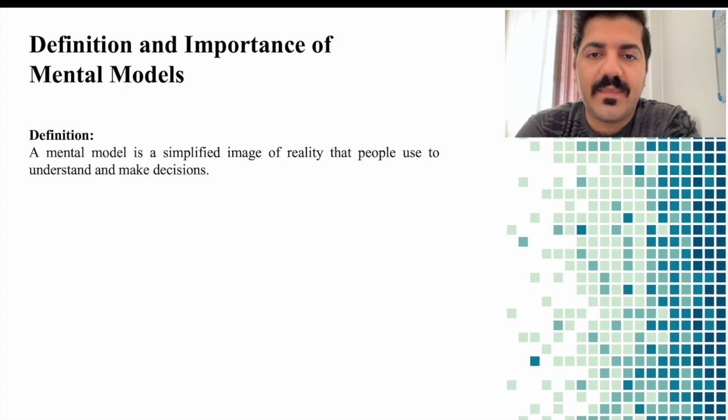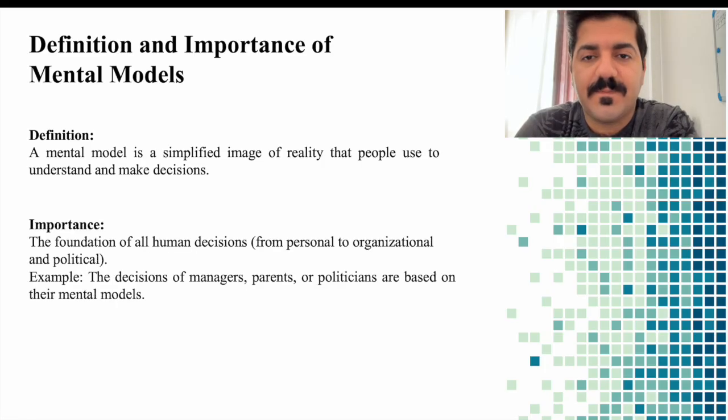Okay, I want to define the mental model and its importance. Mental models are like thinking tools we use to understand life and make choices. Everyone uses them, parents, bosses, and even politicians. For example, a boss thinks, if I pay workers more, they will work harder. That's their mental model. A parent believes strict rules make a kid behave better.